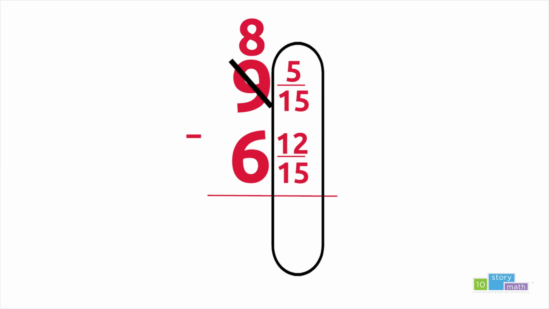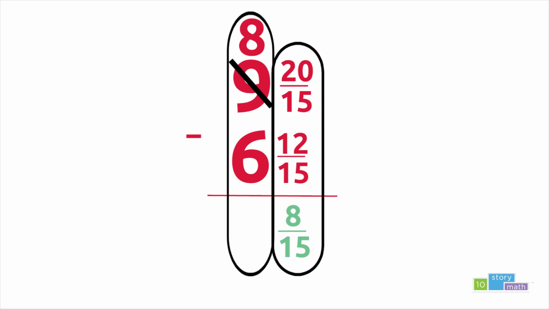In this case, a whole is equal to 15/15, so that gives us a total of 20/15. 9 5/15 is the same as 8 20/15. But now we can subtract. 20/15 minus 12/15 is 8/15. And 8 minus 6 is 2. 2 8/15.